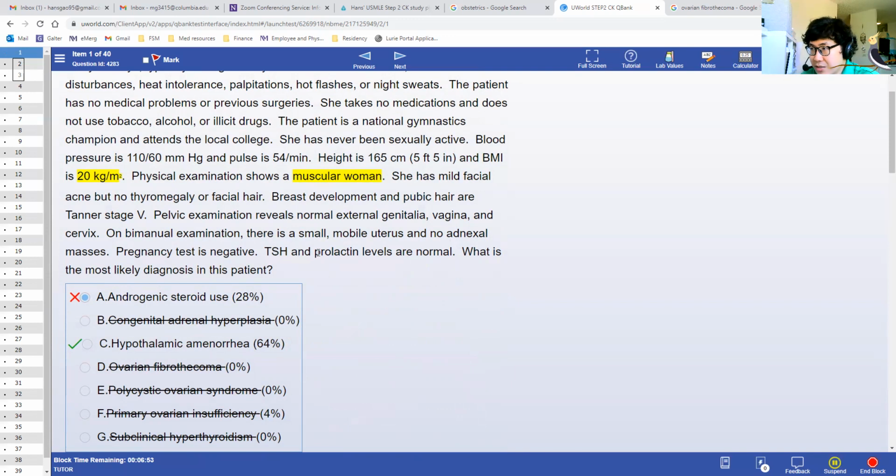Prolactin is going to be normal, I guess because that pathway is not affected, but GnRH is still affected. So it's more of a functional hypothalamic amenorrhea as opposed to a structural issue. I think I was leaning too much towards a structural etiology, and that's how I messed up.